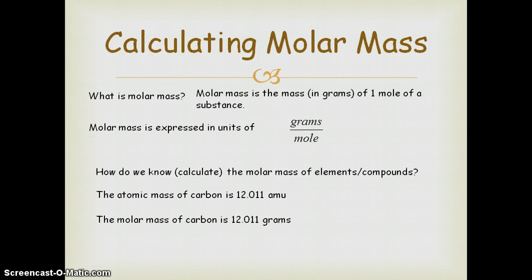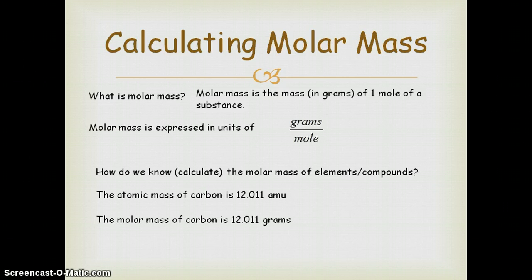So if the atomic mass of carbon is 12.011 AMU, the molar mass of carbon is 12.011 grams. So that at least is a very simple way of thinking about molar mass, if you're dealing with a single element.